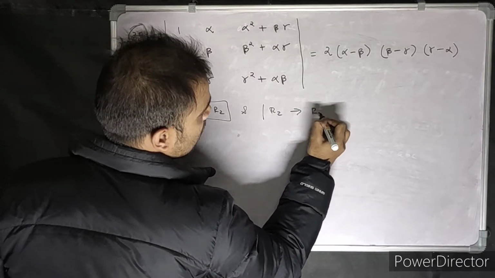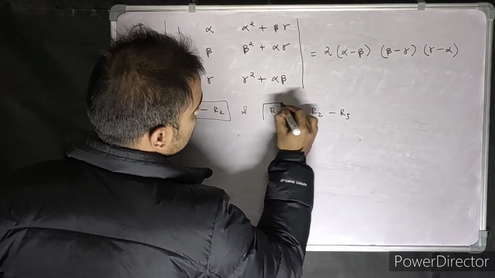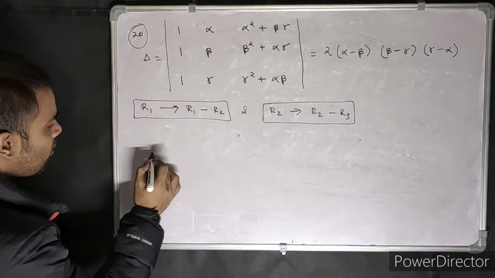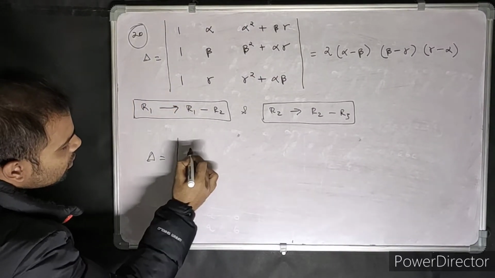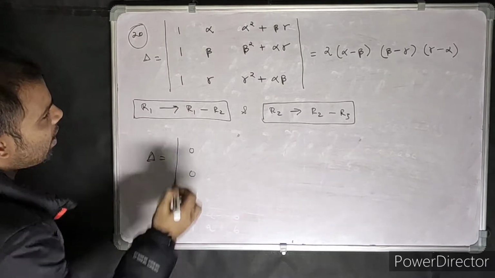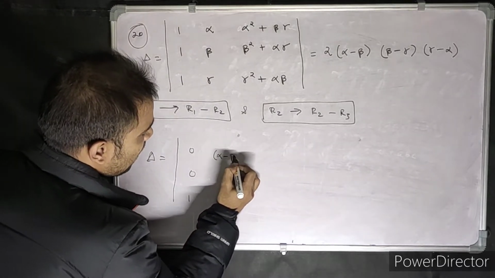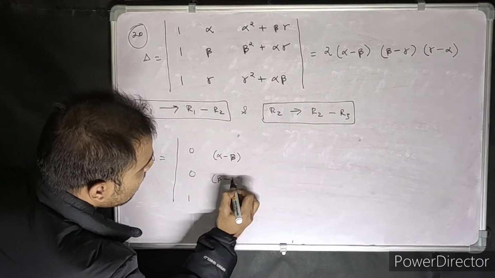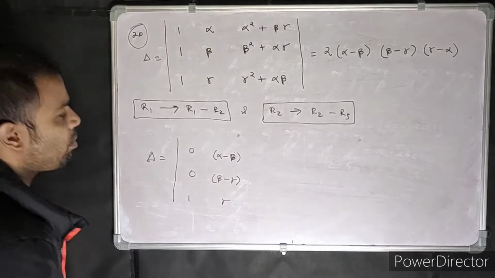R2 tends to R2 minus R3. Okay, so use these two operations and solve that question. It is very easy. So this is a 0, this is a 0, this is a 1. That will give you alpha minus beta, that will give you beta minus gamma, that is gamma.